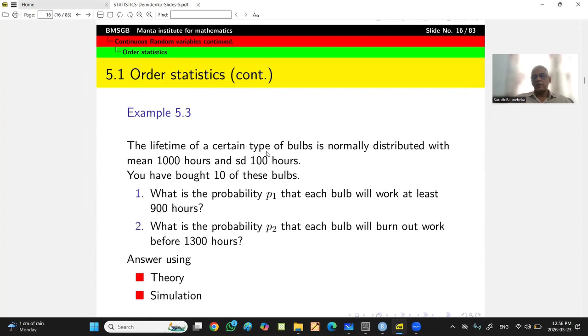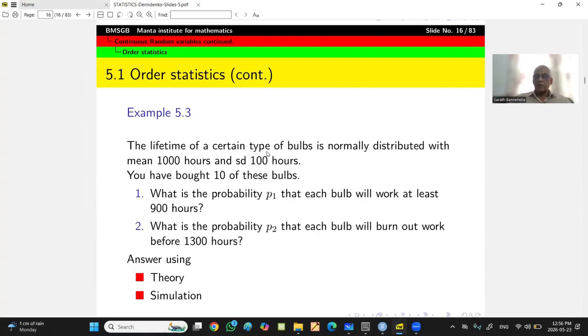Each bulb has a lifetime which is distributed according to a normal distribution with mean 1,000 and standard deviation 100. Now we are looking at 10 bulbs. So we need to find out the probability that all 10 bulbs each will have more than 900 hours.